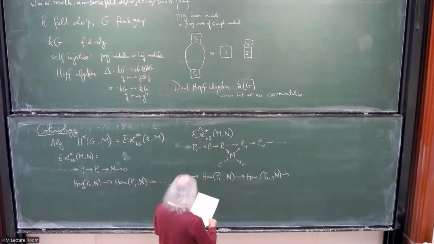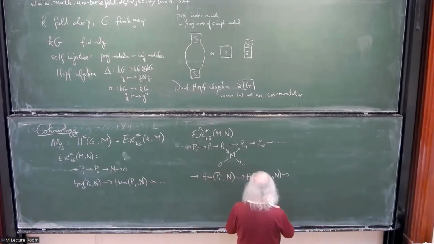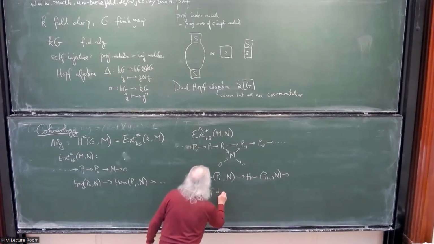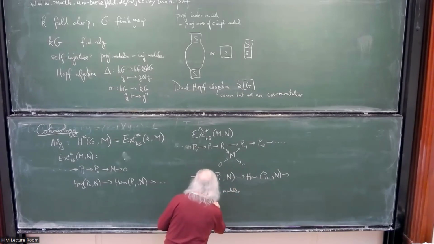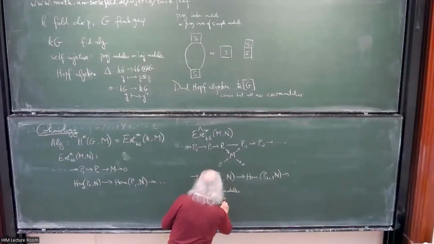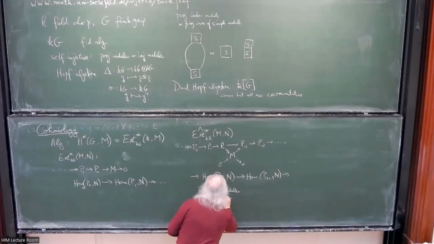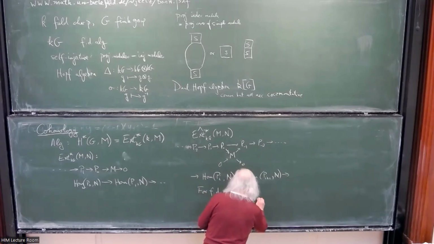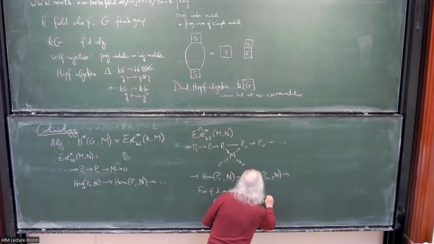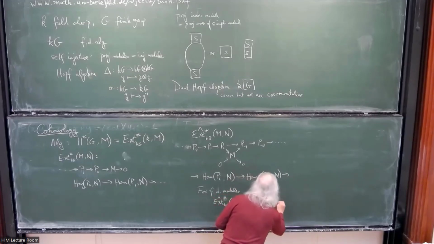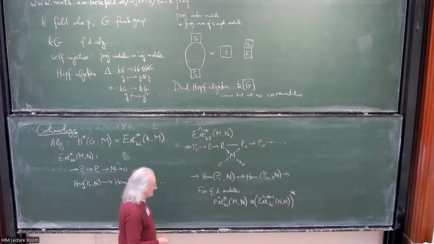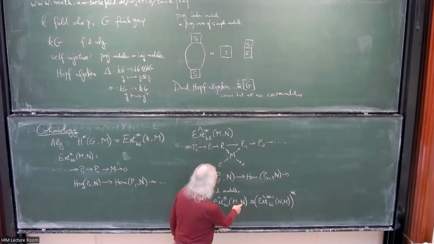So for finite dimensional modules, there's a duality which says Ext hat n KG of M, N is the vector space dual of Ext hat minus n minus 1 KG of N, M. And actually you really only need N to be finite dimensional.